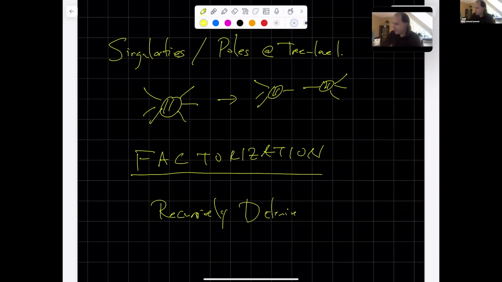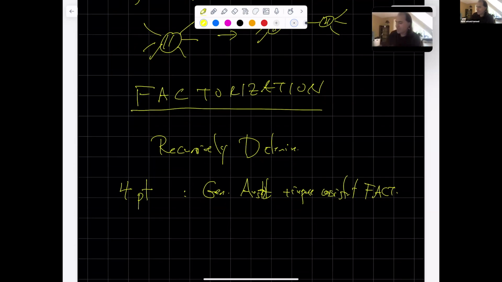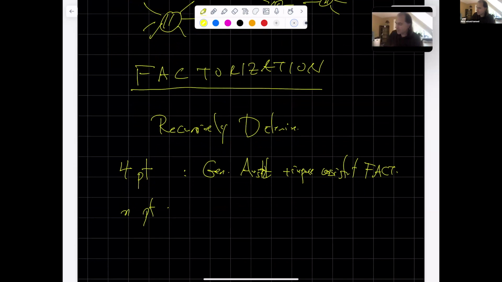For example, at the most elementary level, at 4-point, you just make a general ansatz, and impose consistent factorization, and that determines the amplitude. And at higher points, of course, we have things like BCFW and other shift ideas, where if we have some control of infinity in some appropriate way, we can use the knowledge of factorization to completely determine the tree amplitude.